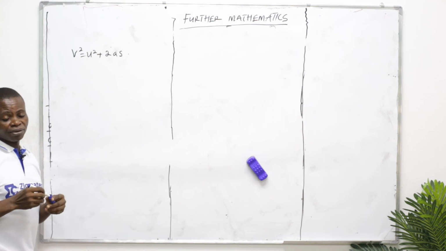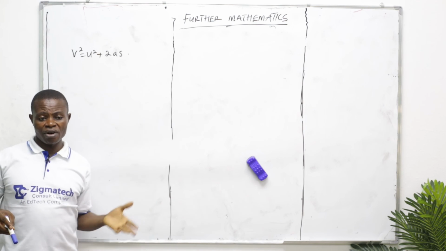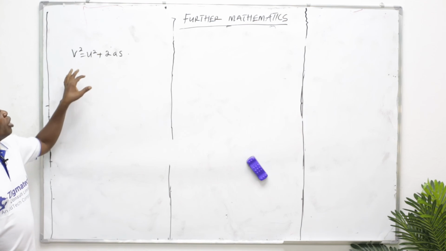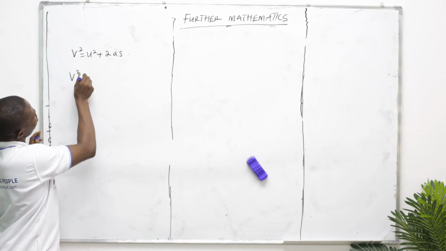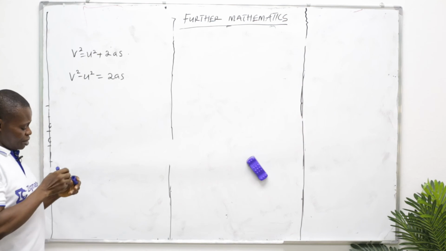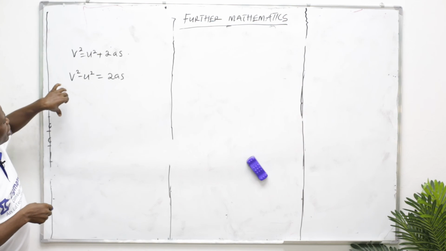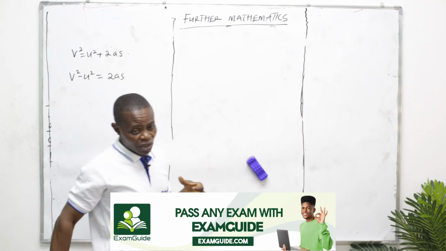Can you remember? Of course, you have recalled. But here, we can also say that v square minus u square equals 2as. We can recall that final velocity is v and the initial velocity is u.